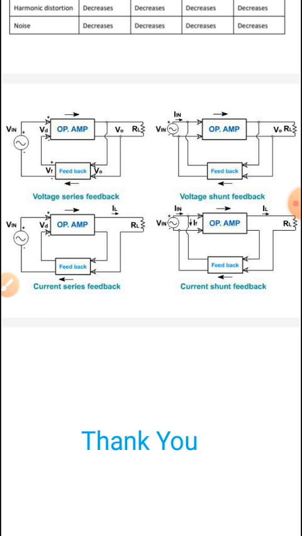In current series feedback, both the input and output sides are in series. In voltage shunt feedback, the input side is in parallel, that is shunt, and the output side is also a shunt connection. In current shunt feedback, the input side is parallel and the output side is in series.